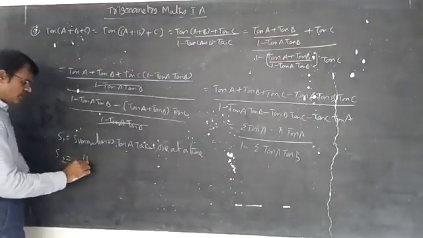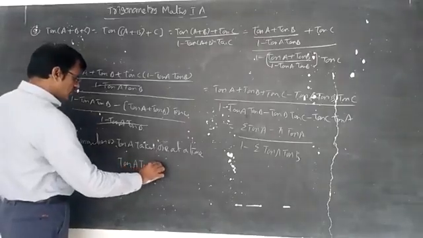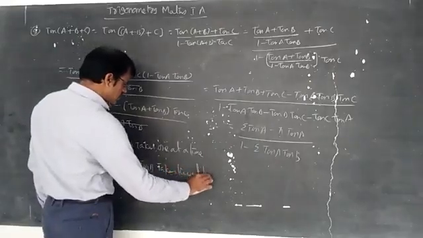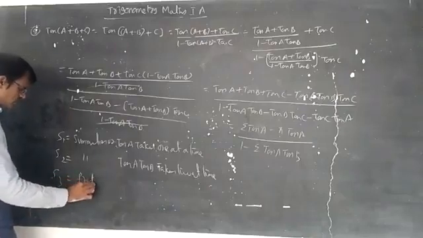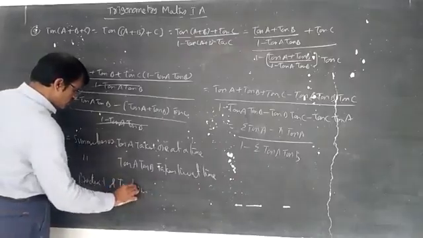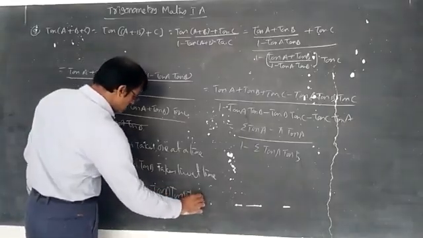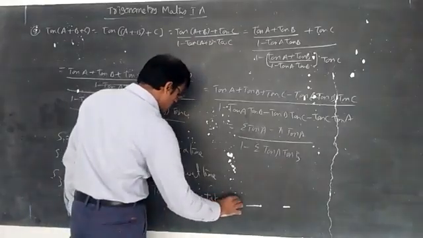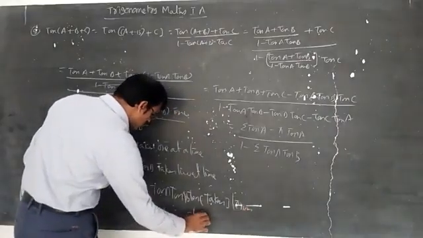S2 is summation of tan A tan B taken 2 at a time, that means taken 2 tan terms. S3 means product, not summation, product of tan terms, that is tan A into tan B into tan C, taken 3 at a time.